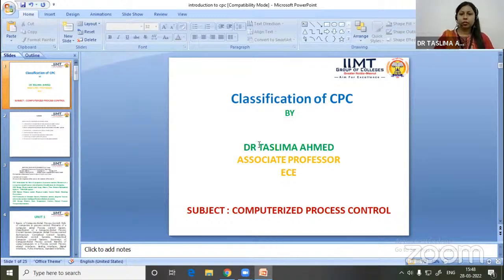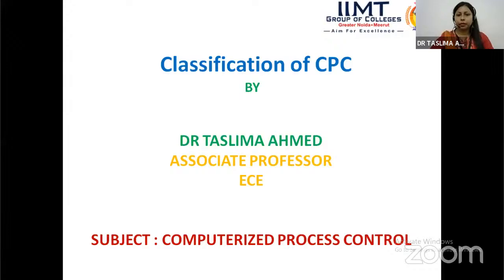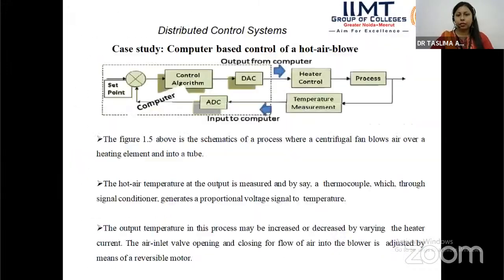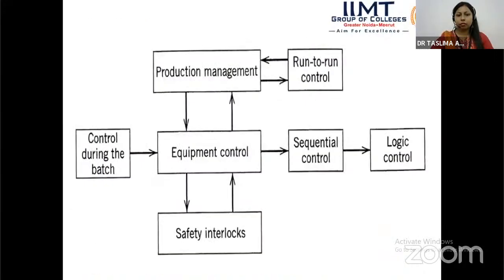And after that, we also see here the classification as a part of the study, and here we see the diagram of production management control, and that production management control is controlled by the equipment control in both directions, because we have to control the quality of the product.